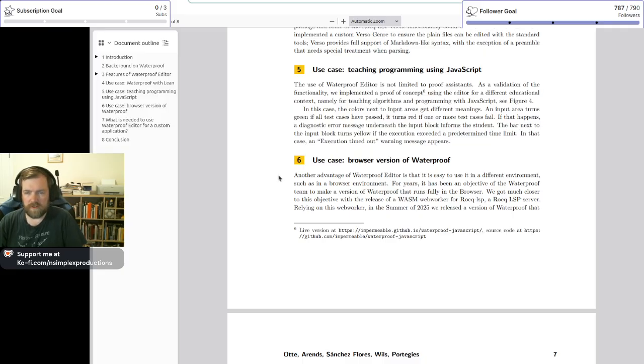Another advantage of Waterproof Editor is that it's easy to use it in a different environment, such as in a browser environment. For years, it has been an objective of the Waterproof team to make a version of Waterproof that runs fully within the browser.